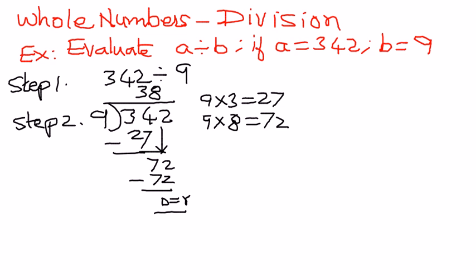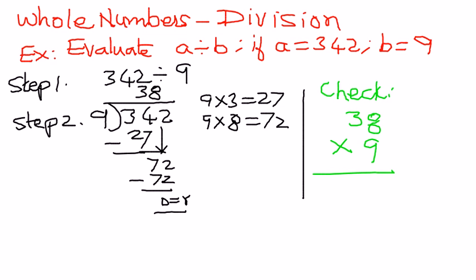So therefore, the check here would be, let me use another ink here. We take 38 and then multiply that by 9. 9 times 8 is 72, and then 9 times 3 is 27. 27 plus 7 is 34.